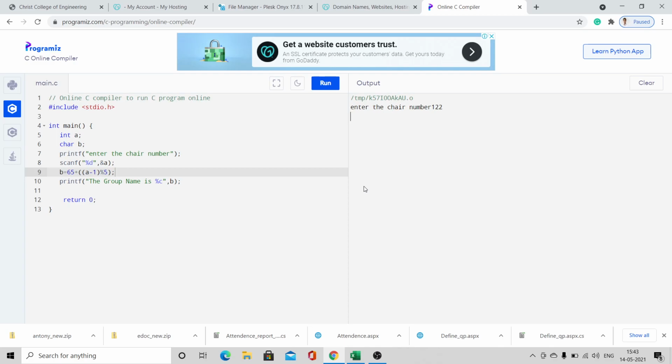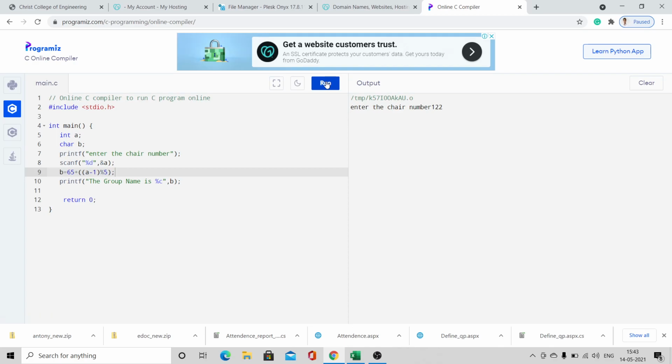oh God, I'm not getting an answer. I hope there is some mistake with the compiler. So I give 122.